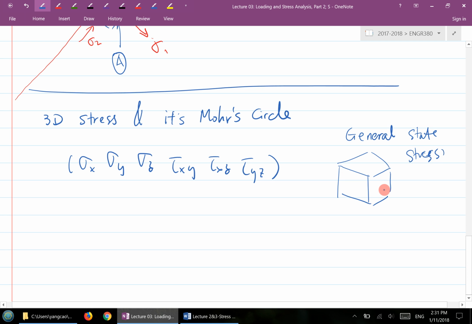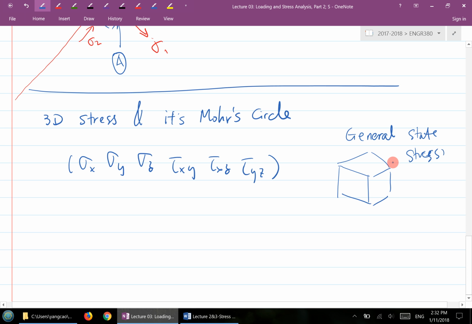If you try to connect the 3D state of stress with the 2D state of stress, 2D gives you how many principal normal stresses? 2, right? So if you put it in 3D, naturally you will say, I've got to have how many now? 3, right? Exactly. When you have 2D, you're just rotating in a 2D plane until a certain angle, and then you get the principal normal stress.